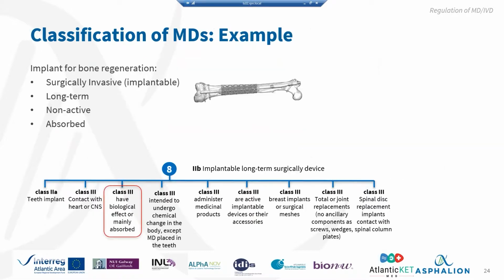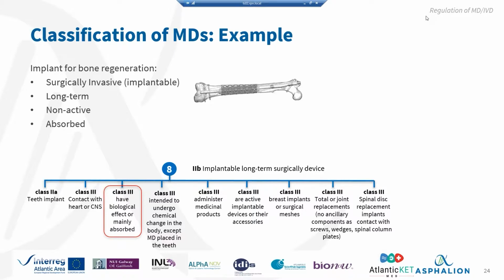So let's see a couple of examples to see how this works. For instance, let's consider we've got an implant for bone regeneration, which is obviously implantable. It's used for long term because it's meant to remain in the body until it's reabsorbed.